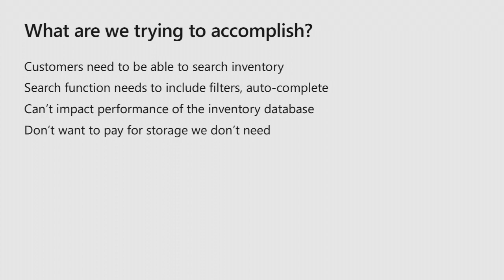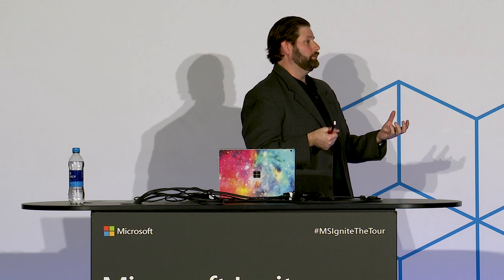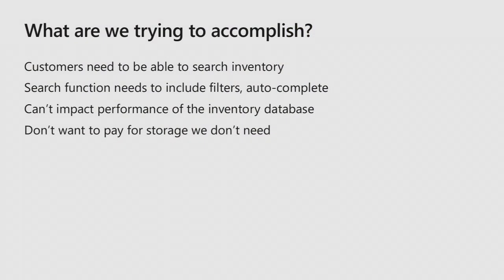We want that search to be full-featured. We need it to not impact that production database. So the database that's sitting in the back that has all of that inventory in it, we can't beat that up. We can't ask them for more infrastructure. We can't put any sort of undue stress or pressure on that database. And if we can get away with it, we'd like to not pay for storage that we don't need.